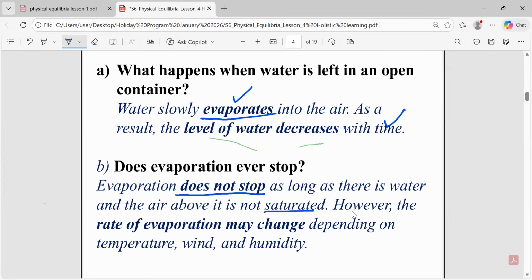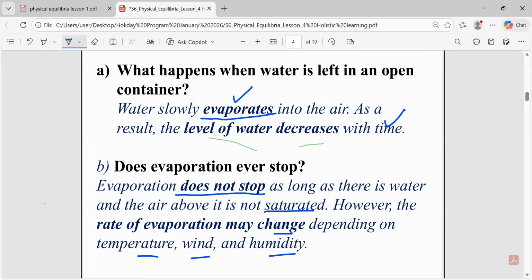However, the rate of evaporation may change depending on the temperature, wind, and humidity. So when we're in a dry place and in a cold place, the evaporation can never be the same. That's what they're saying, that however, the rate of evaporation may change.